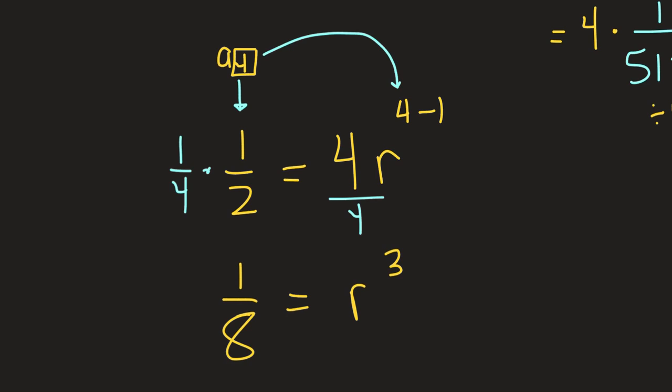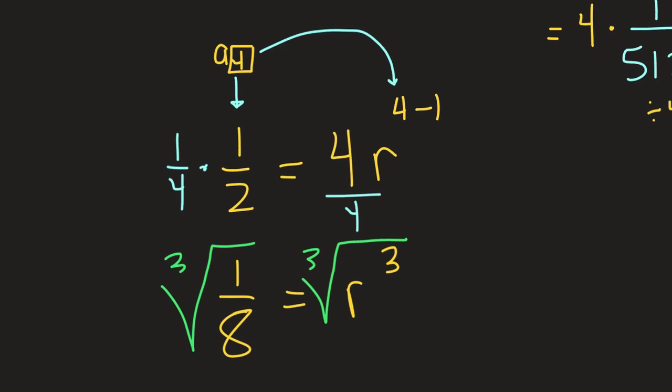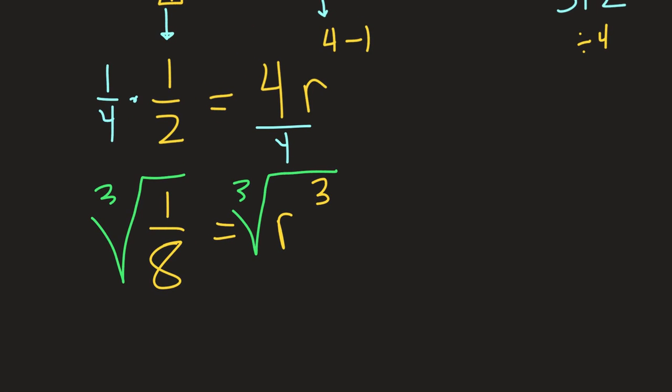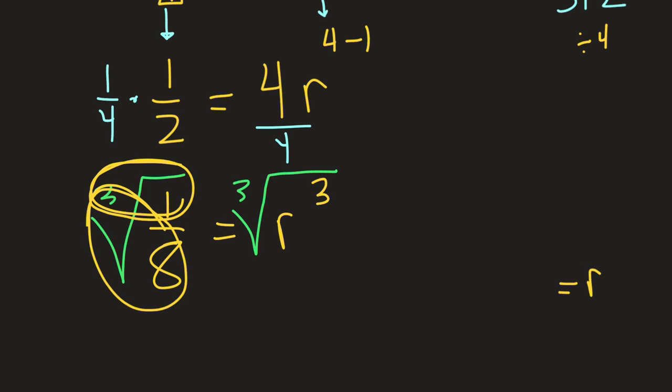Now, if I want to solve this for r, I need to take the root that's the same as the power. So I'm going to take the 3rd root of both sides. That gives me my r by myself, but now I need to think about what is the cube root of 1 and what is the cube root of 8.